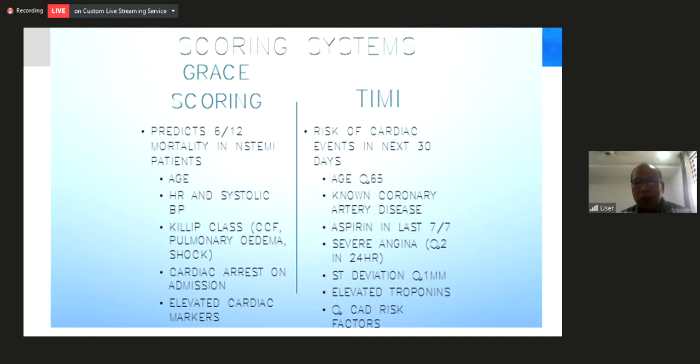For the high risk group, you should do early intervention, as required by the American College of Cardiology, within 11 hours. In our setting, recommended by our CPG, the angiogram must be done within the index admission, meaning that you have to do the angiogram within the admission.